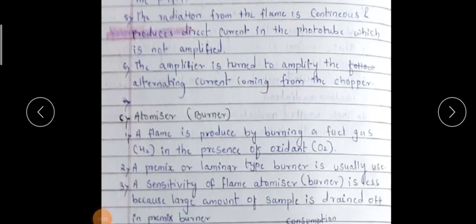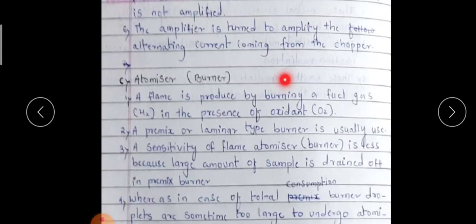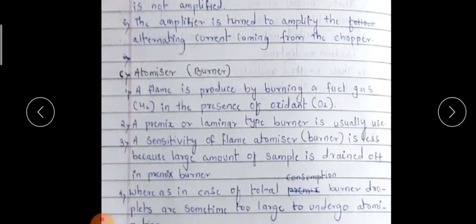Then the atomizer. The important thing here is that in the previous technique FES we talked about the total consumption burner and the premix burner. They have some drawbacks.